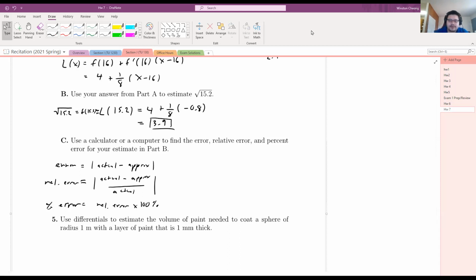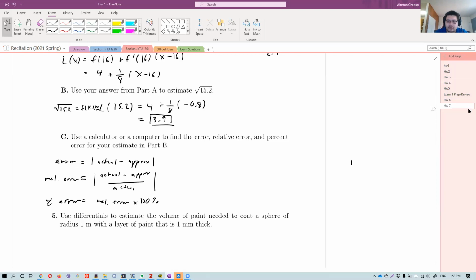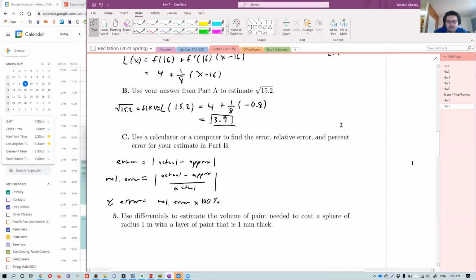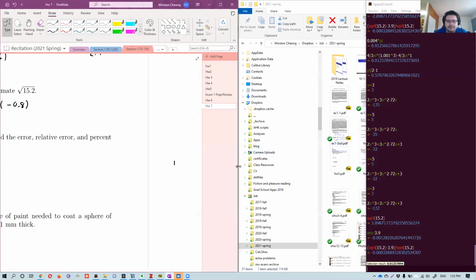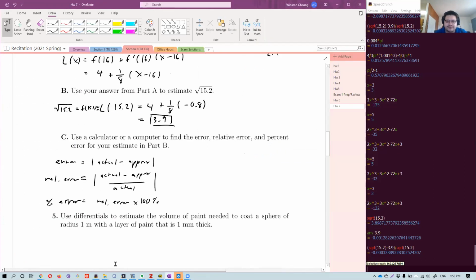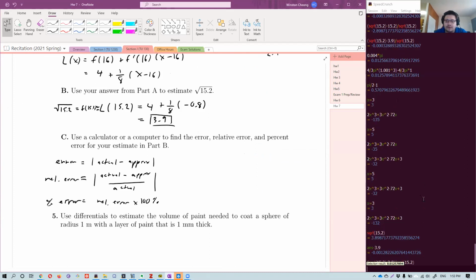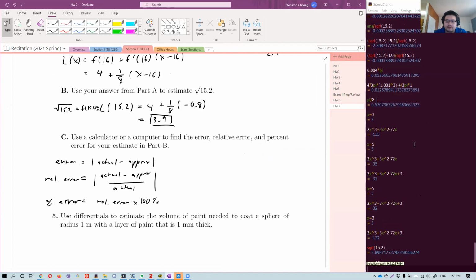Let me now bring over a calculator. You're going to be able to see that I ran through these calculations before, so I don't need to re-enter them, but I'm just going to point them out. Let's see, where did I do them?